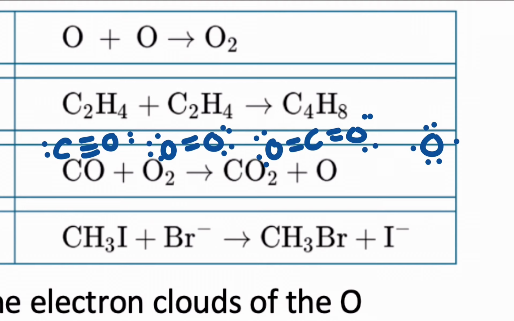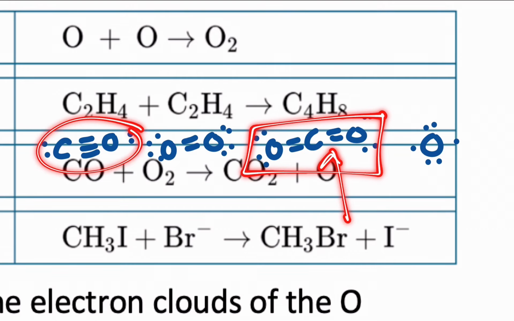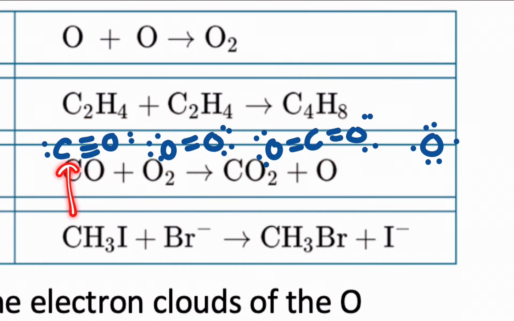This one would depend on orientation because to make a CO2, I need to form a new carbon-oxygen bond. So when carbon monoxide collides with oxygen, the carbon atom has to hit one of these 2 oxygens in order for that to work. I'm not making a new OO bond, I'm making a new CO bond.